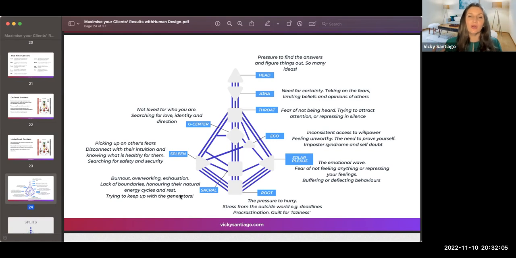So you need to honor your natural cycles and allow yourself time to rest and regenerate. And the root, again, that pressure to hurry, being really affected by stress from the outside world. So you're going to want to talk to your clients about boundaries, for example. For me, my mum always called me lazy. So there we go. There's that guilt for laziness about not getting things done, procrastination, right?